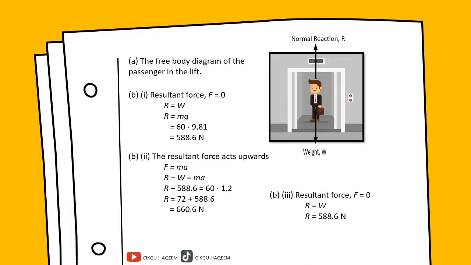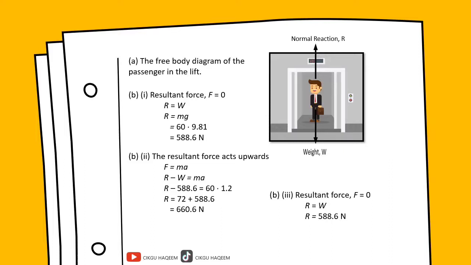For question B3, he asks what is the resultant force when the lift is moving at uniform velocity at 8.1 meter per second. So we know that when an object is moving at uniform velocity, the acceleration is 0 because it is constant.